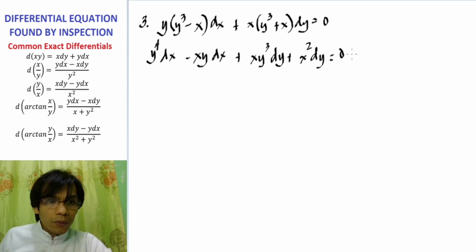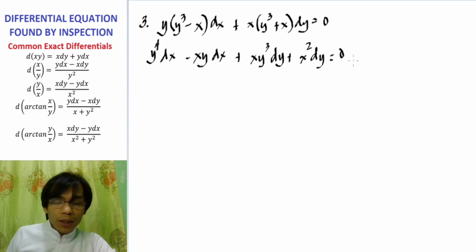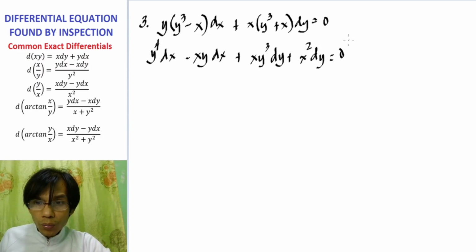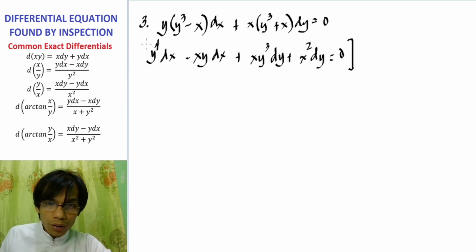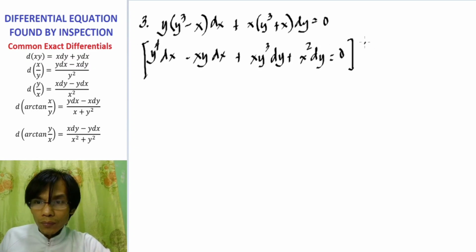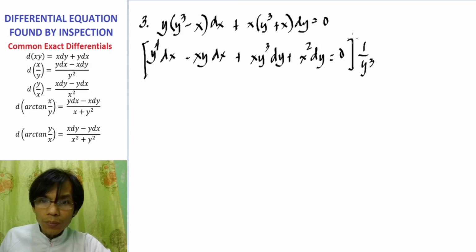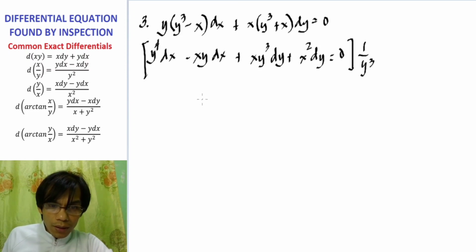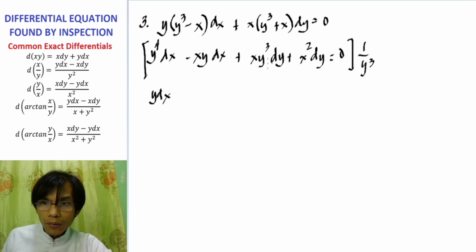Now, if we try to divide y cubed on each term, on all the terms, what will happen is this. We have y dx, right? And then multiply this one in here first.